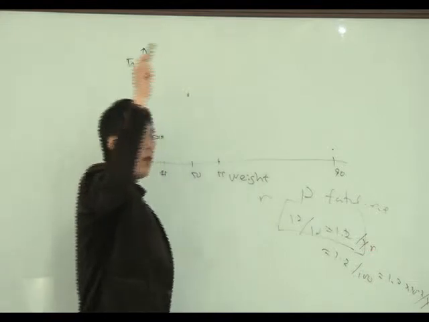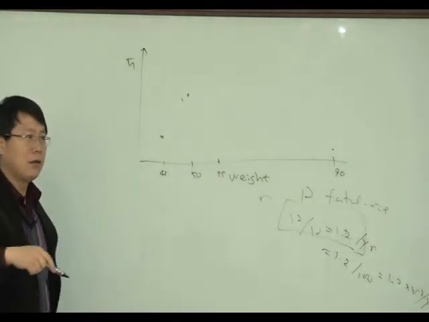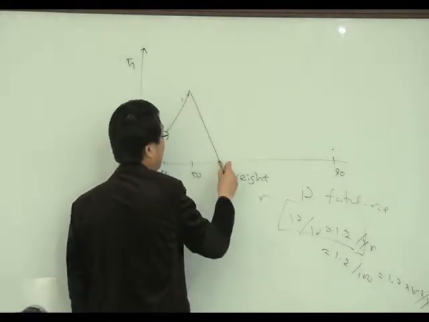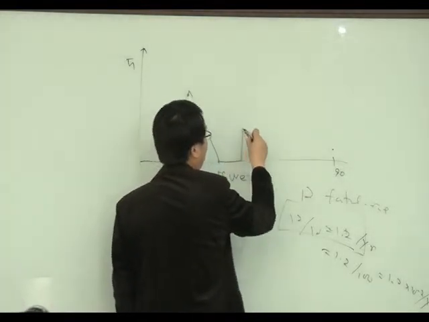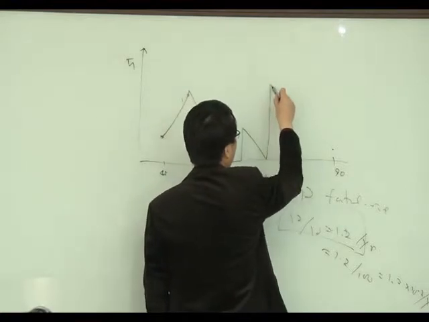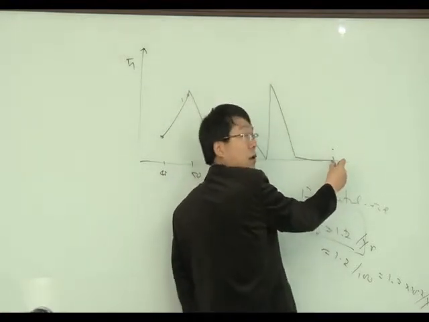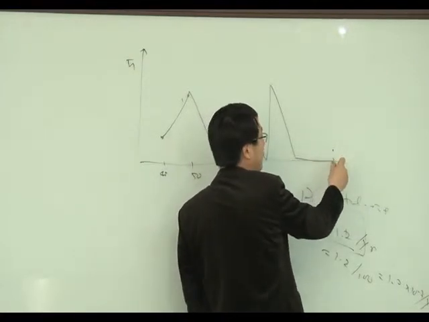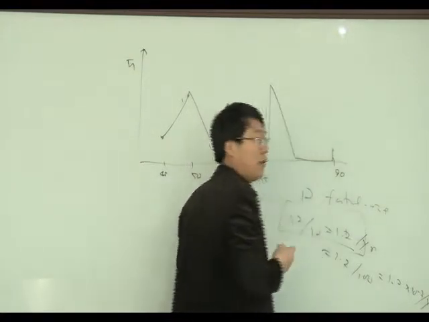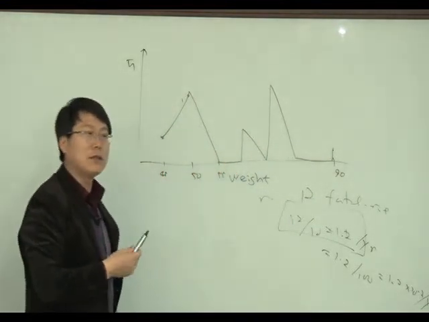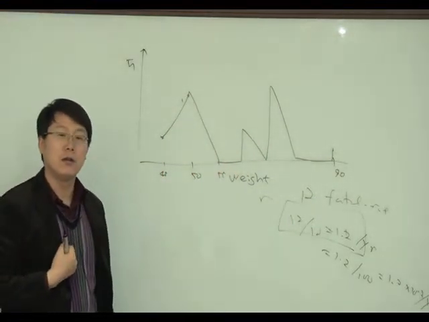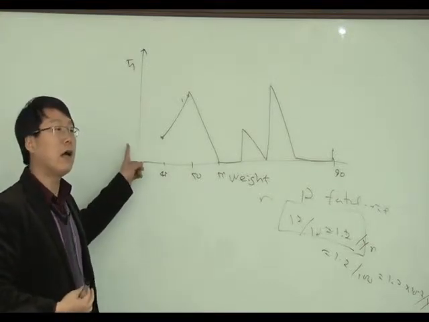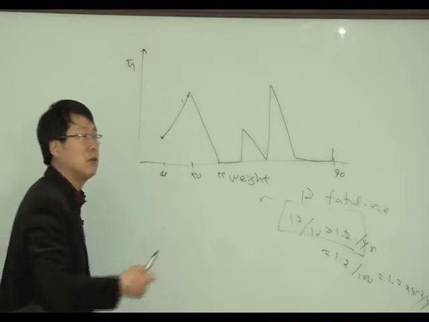So if we draw a line, the frequency looks like this. I think only one guy is more than 90, like this. Okay, this is the weight distribution of this class. What is this? This is a kind of probability density function.